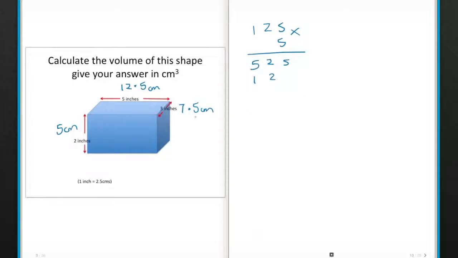And then we're going to do that times 75. 625 times 75.